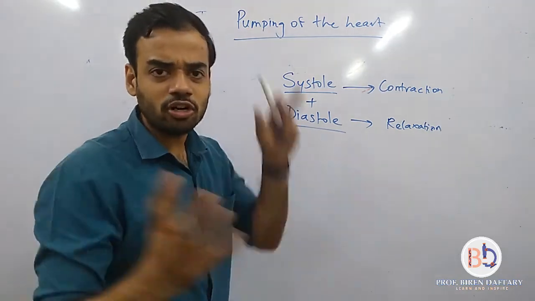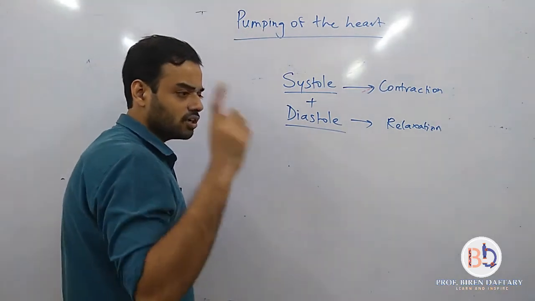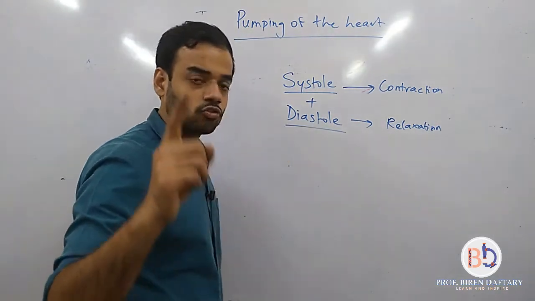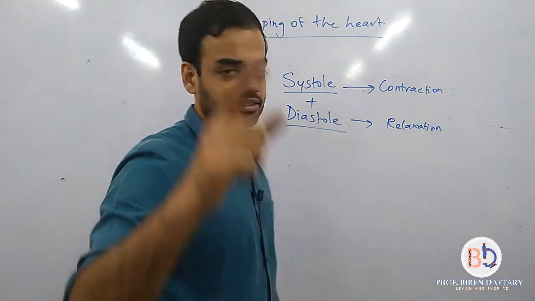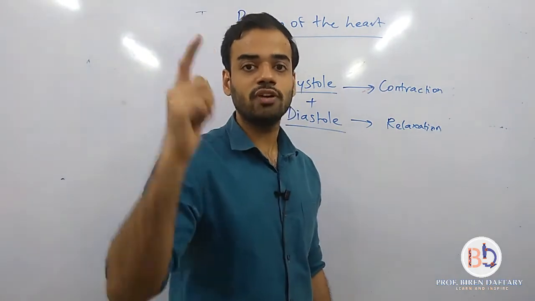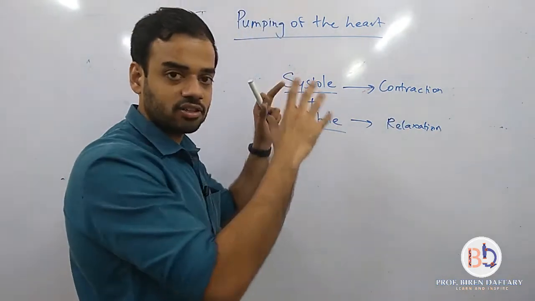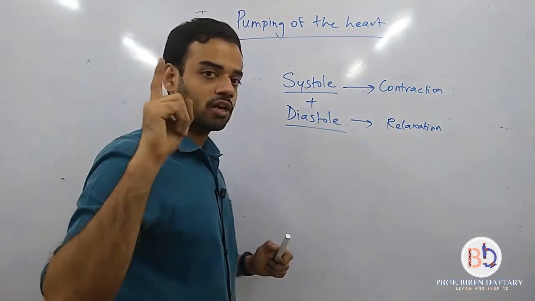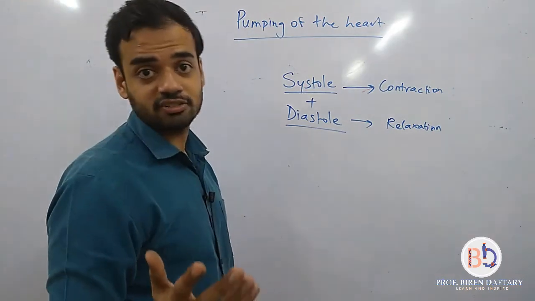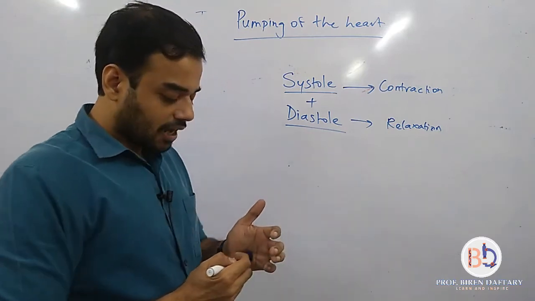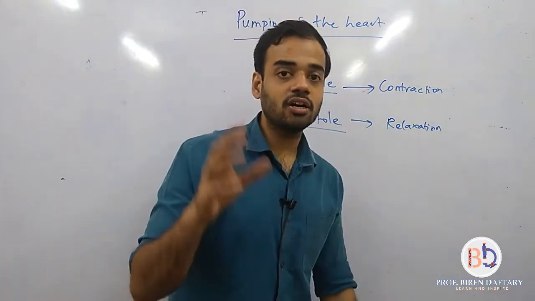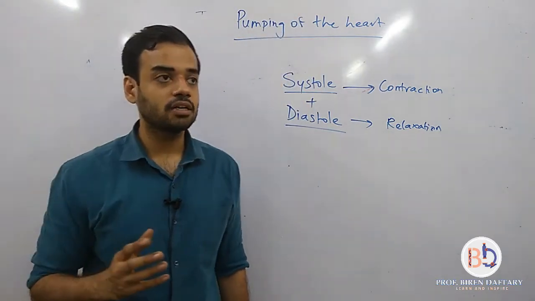So all this contraction and relaxation is called one heartbeat. So one heartbeat will have two contractions, one relaxation: contraction of atria, contraction of ventricles, and joint relaxation of all the parts. That is your one heartbeat. Just imagine how fast it is occurring. Now, how many heartbeats are present in a normal person per minute?